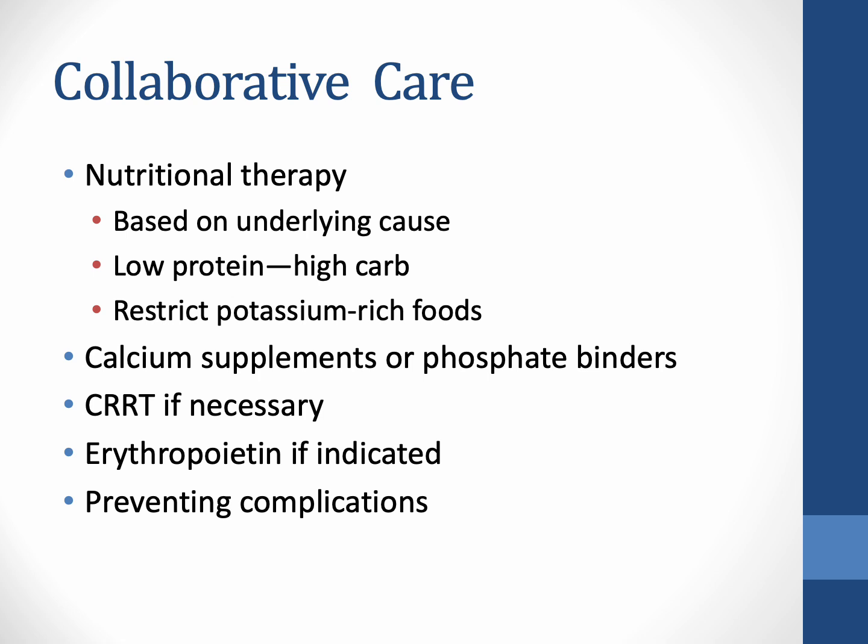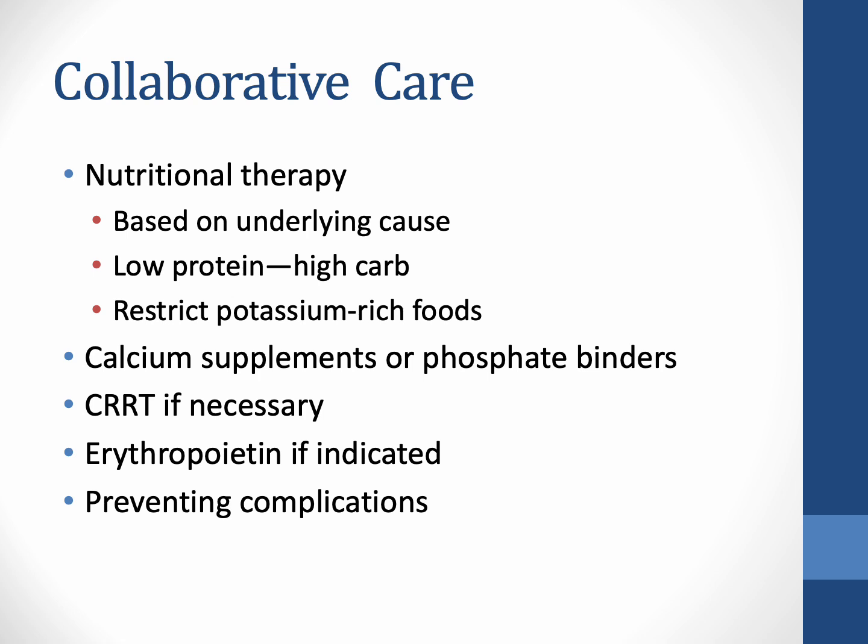Collaborative care in AKI includes addressing nutrition. Nutrition should be tailored to the underlying causes of AKI. You want to implement a low protein, high carbohydrate diet to reduce kidney workload and restrict potassium rich foods to manage hyperkalemia.